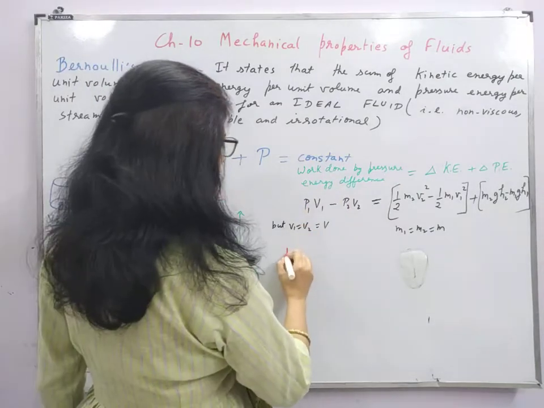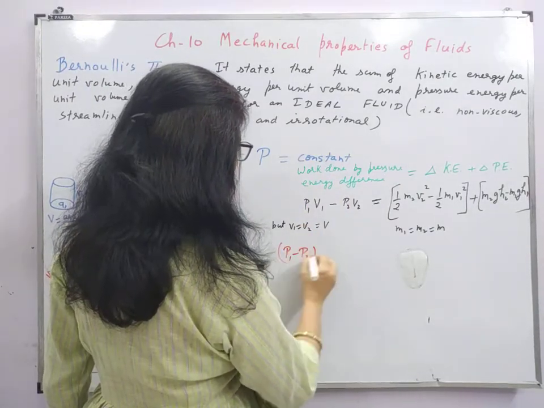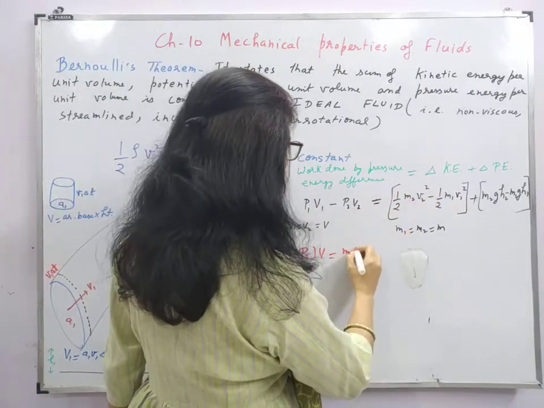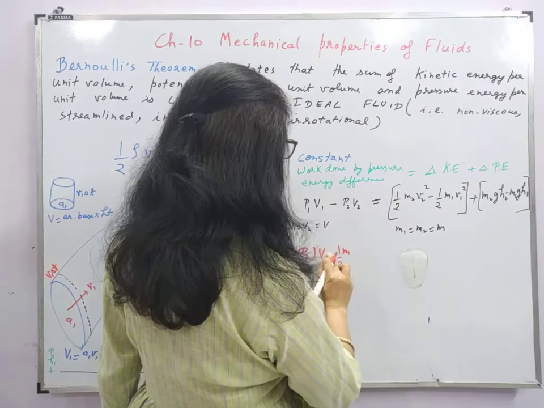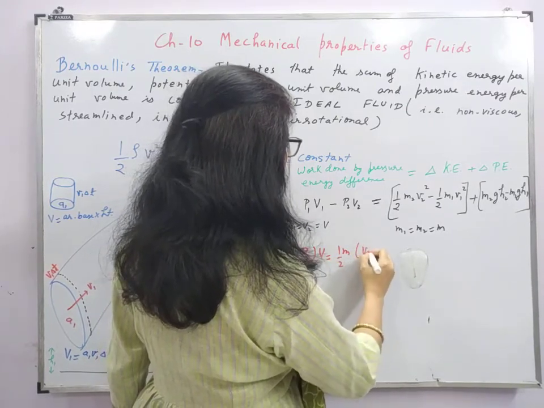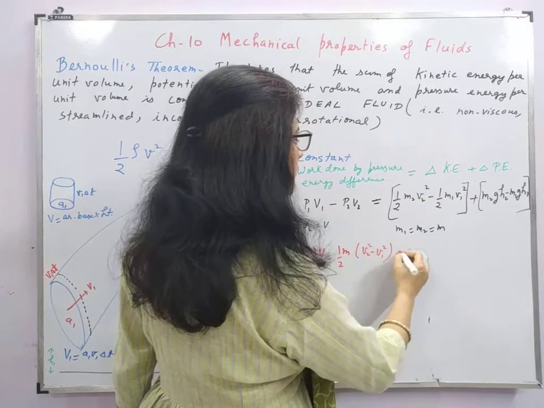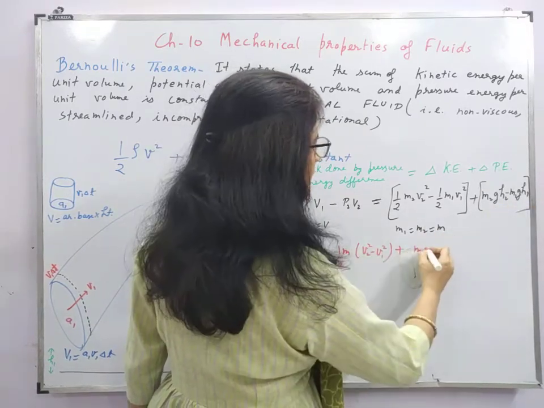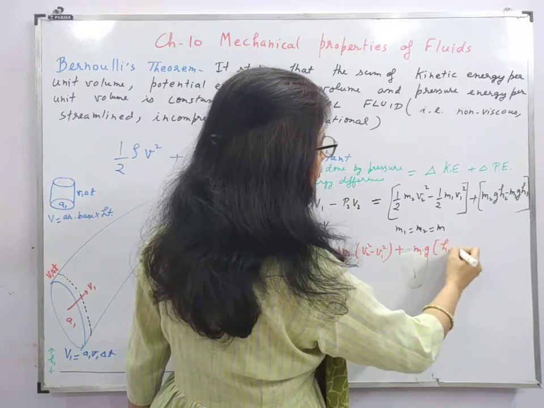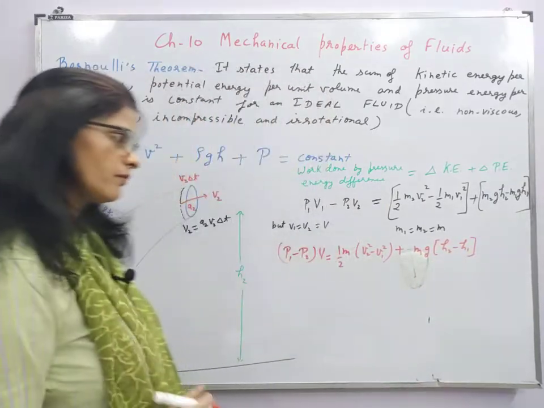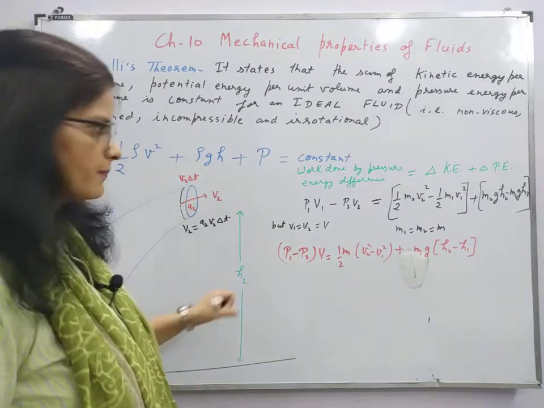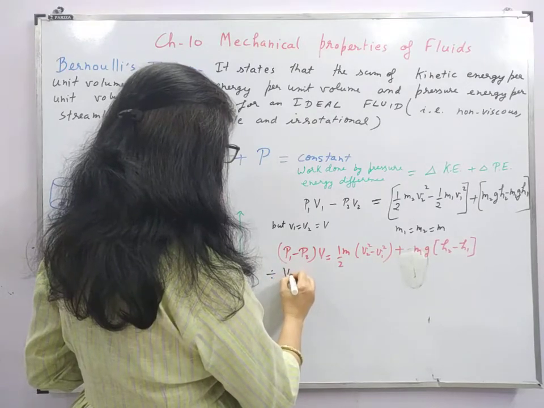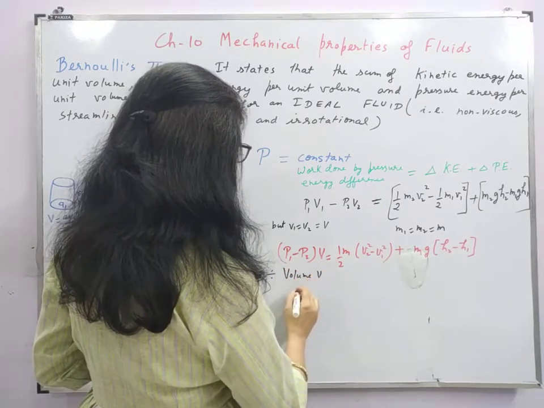So what will be the next step? If we write P1 minus P2, we are taking V common because this is the same, and we take M common here, half common here. We can write V2 square minus V1 square plus M common, G common, and H2 minus H1. Let's divide this whole equation by volume V. So what will we get?